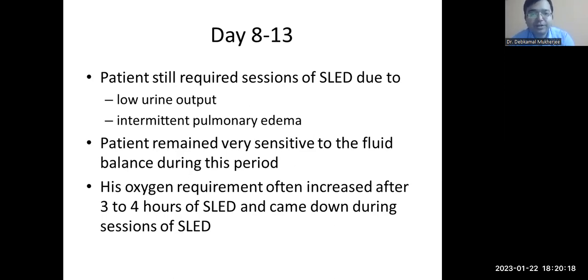On day 8 to 13, the patient still required sessions of SLED due to his low urine output and intermittent pulmonary edema. This patient remained very sensitive to his fluid balance during this period. His oxygen requirements often increased just 3 to 4 hours after completion of the SLED, but it was controlled during the sessions of SLED.